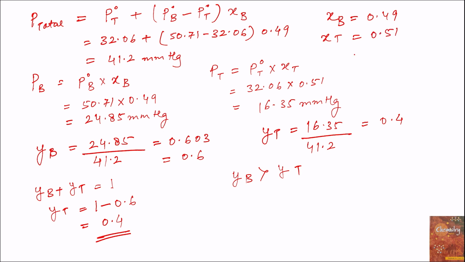So in the solution phase, mole fraction of toluene is greater than mole fraction of benzene because benzene is more volatile, so most of the benzene goes into the vapor state. So mole fraction of benzene in the solution is less than the mole fraction of toluene in solution.